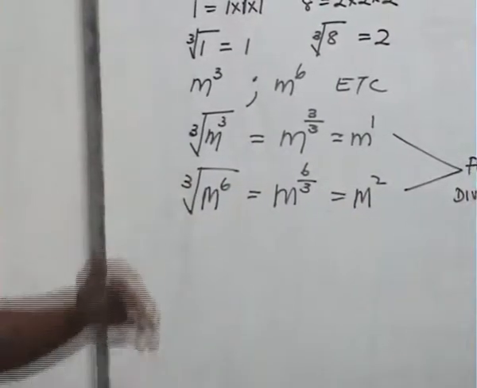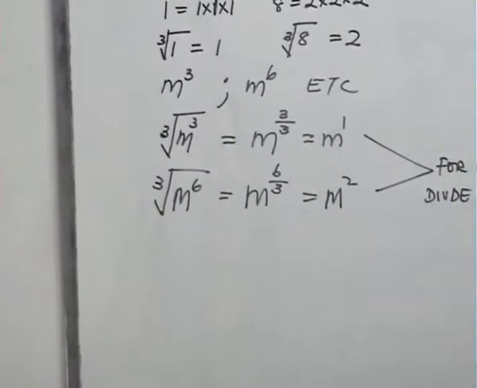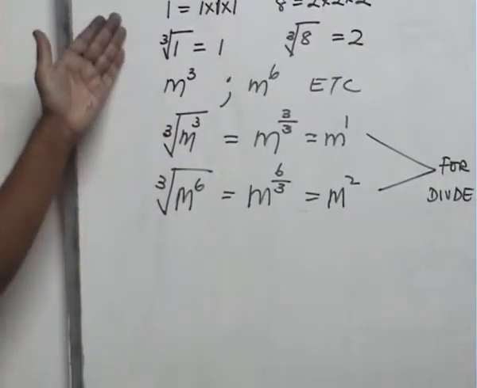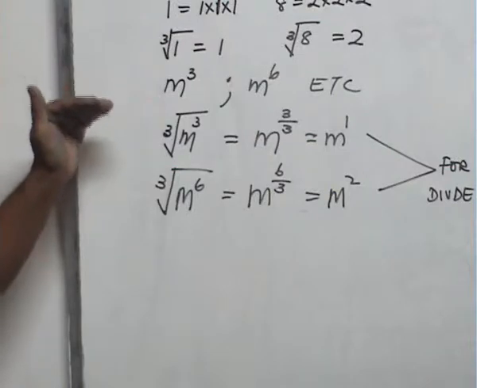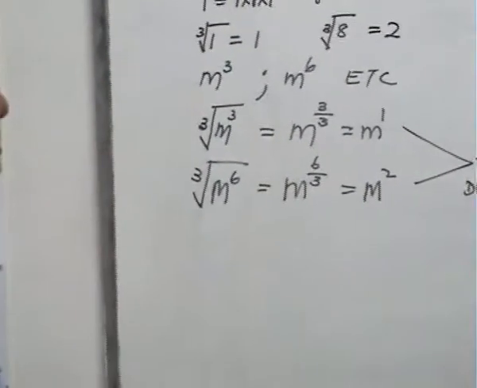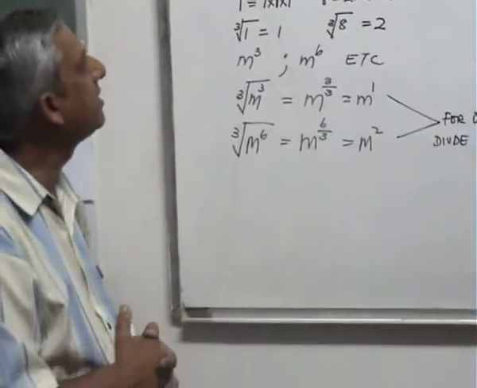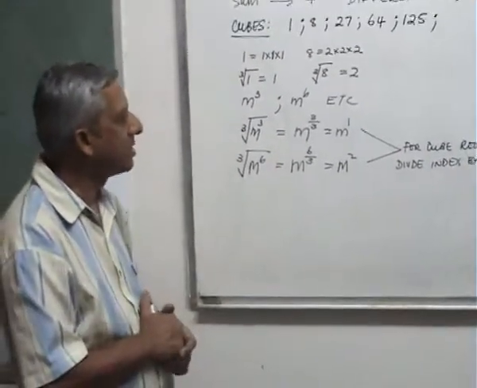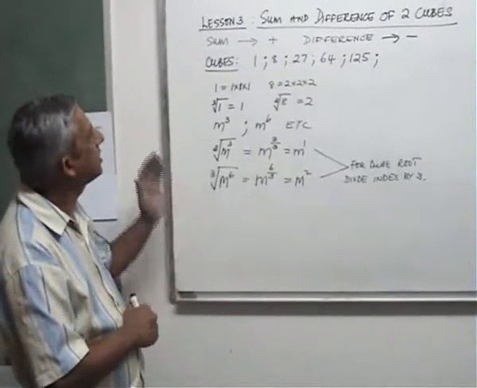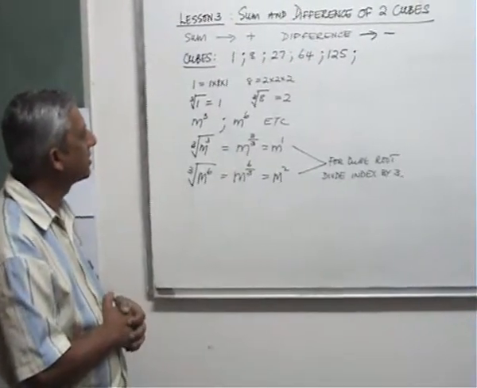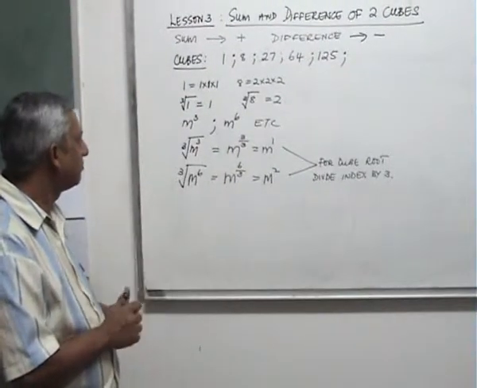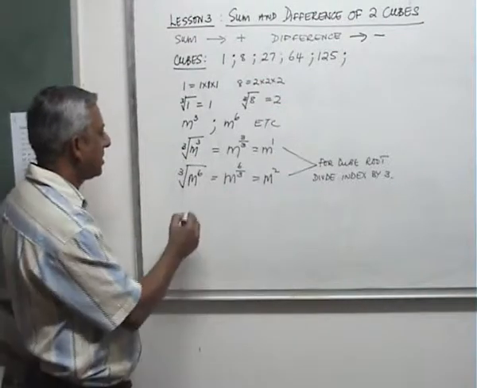Alright, so you've got to be clear in your mind on what is a cube and how you find cube roots of numbers and how you find cube roots of powers. I think we're quite clear about that, and once we've got this clear in our mind, we can do some examples. Let me just ask you a question then.